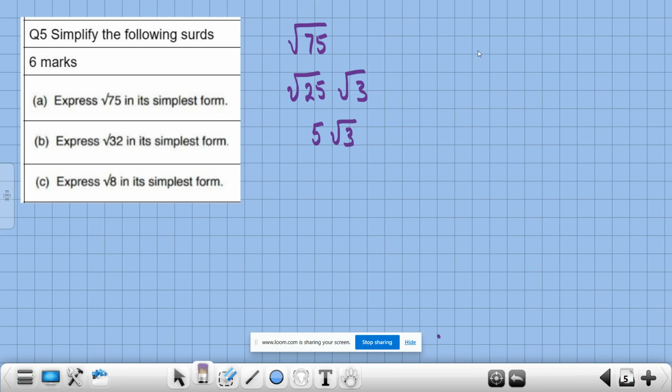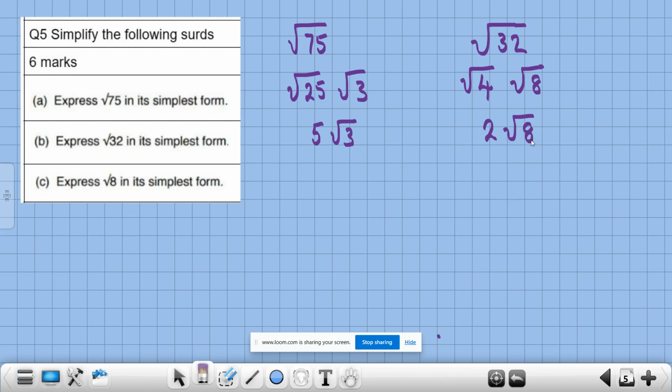Now I think this is the one that maybe caused people a problem. Because if you take 32 and you think, has it got a square number as a factor? And yes, it has. It's got 4 as a square factor. So we could rewrite that as root 4 and root 8. And then we could simplify root 4 to 2 and be left with root 8.